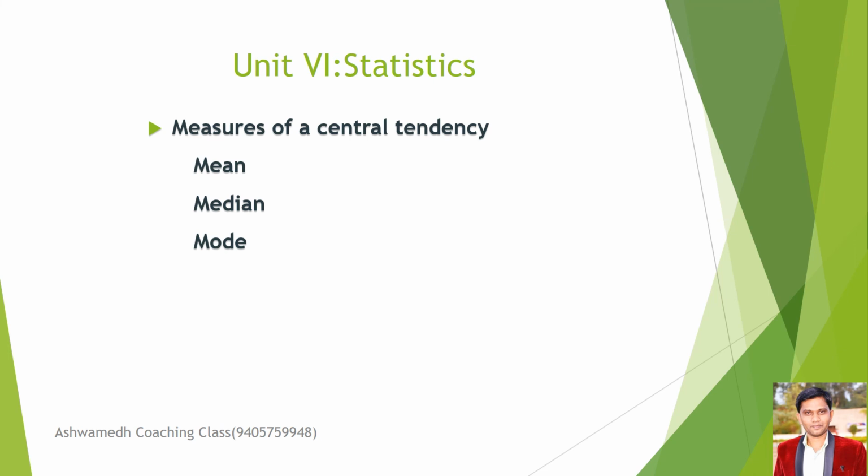We can measure the central tendency using these three concepts. Again, it is for group frequency distribution. There are three types of data: ungrouped data, ungrouped frequency distribution, and group frequency distribution. I will explain all the data and concepts at that time.